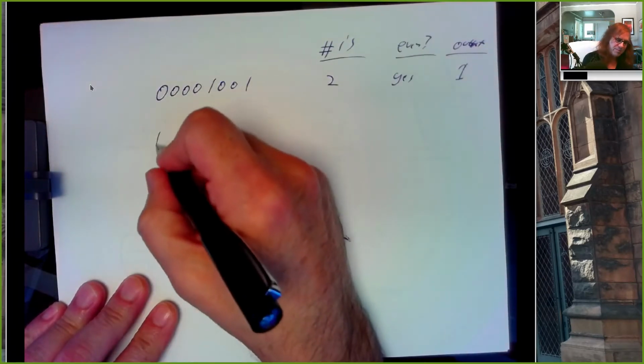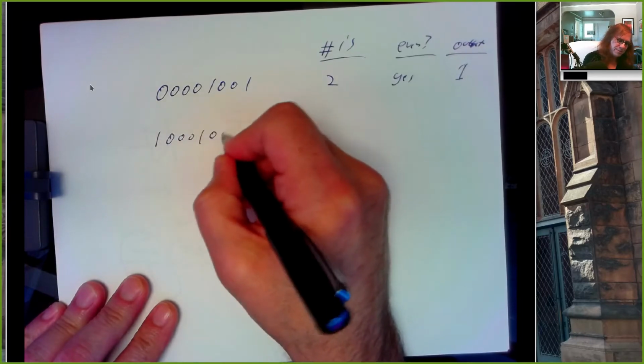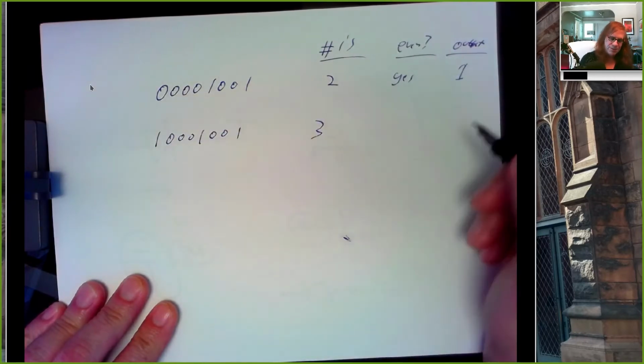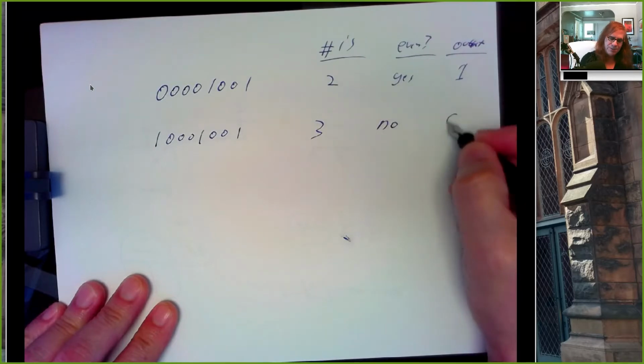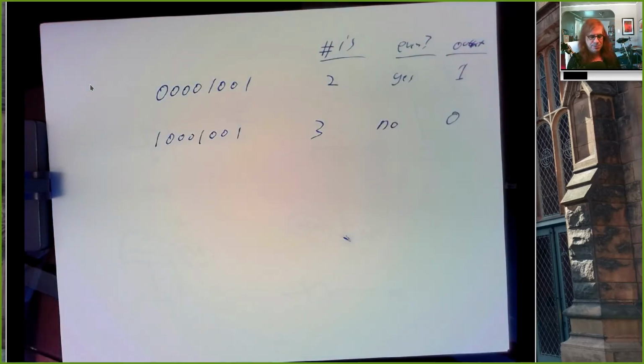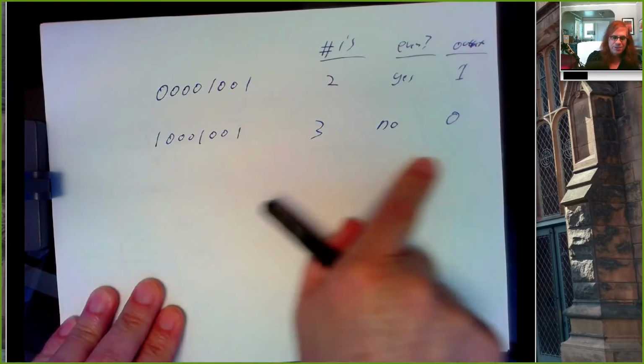If my input was something like this, the number of 1s is 3. Is that even? No. My circuit's going to output a 0. All right. That's the whole behavior of your circuit. So output a 1 if there's an even number of 1s in your input. Otherwise, output a 0.